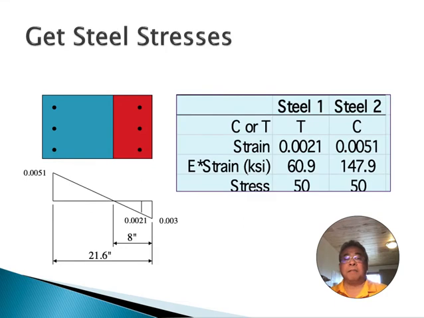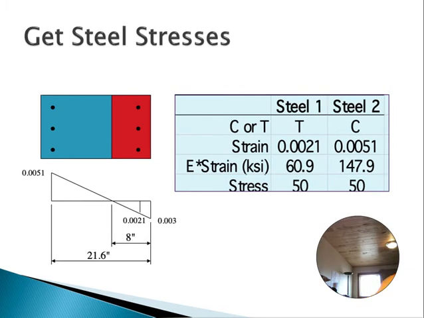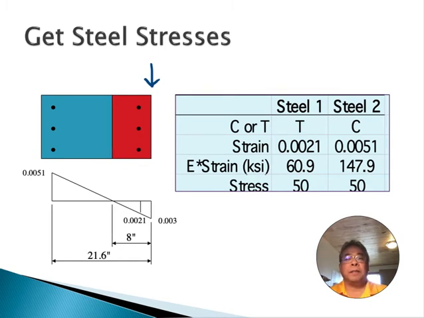Because it's at failure, we're going to say that the strain at the far end, right here, is 0.003.